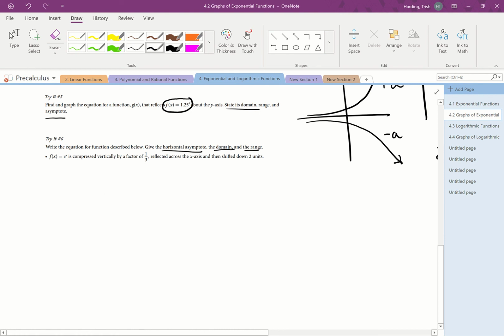So now we're going to write an equation for the function that is described below. We are given the horizontal asymptote. So if e to the x is compressed vertically by a factor of 1/3, then that's going to look something like this: 1/3 a e to the x. It is reflected across the x-axis.